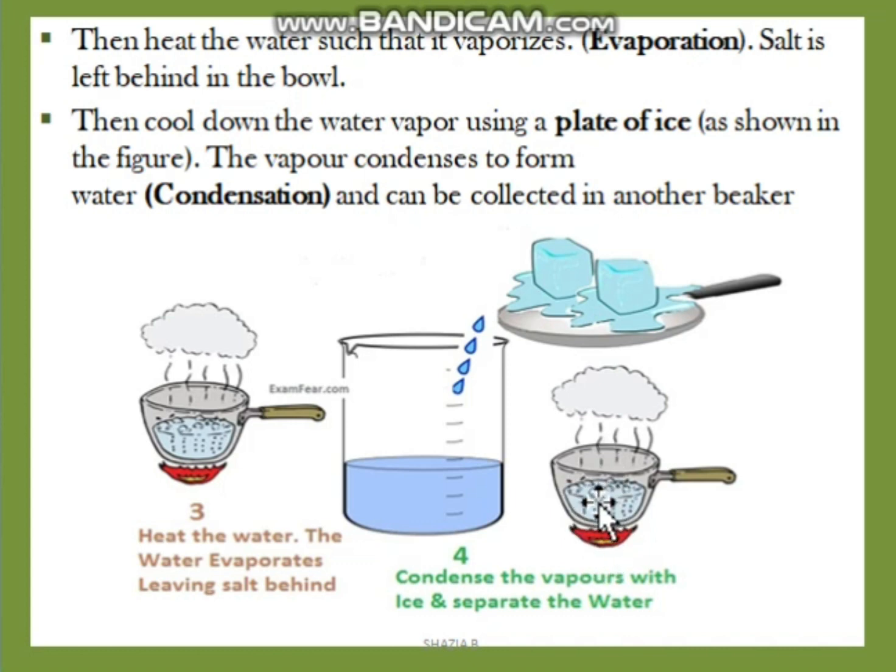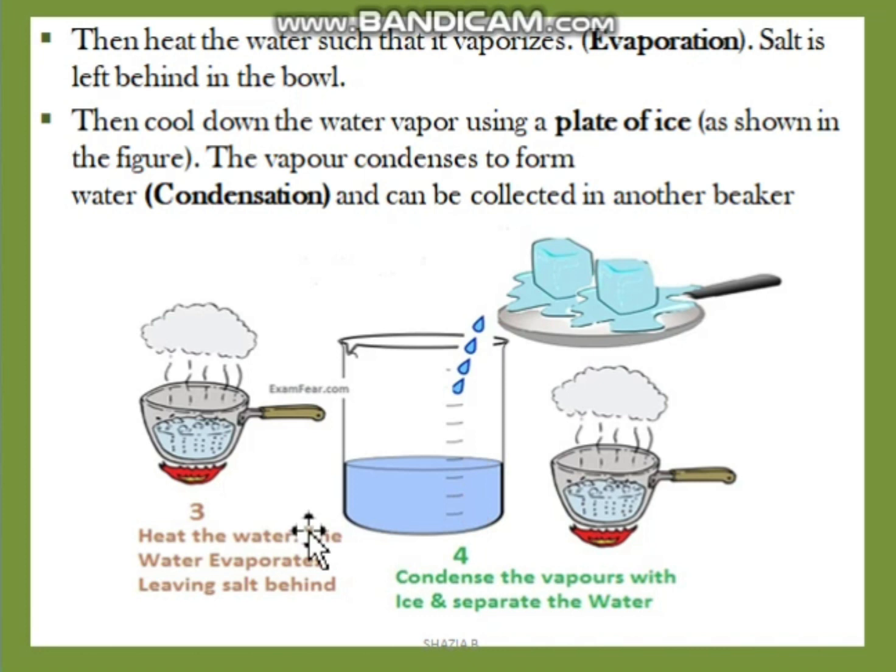Here we are heating, and the salt remains in this beaker. The water vapor moves up, and on touching the plate containing ice it gets condensed and is poured into this beaker. So to separate a sand and salt mixture, we make use of sedimentation, decantation, evaporation and condensation.